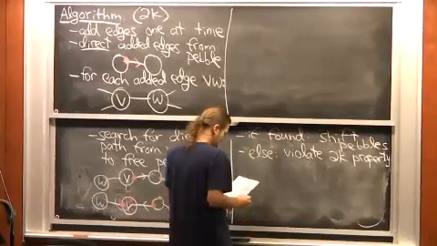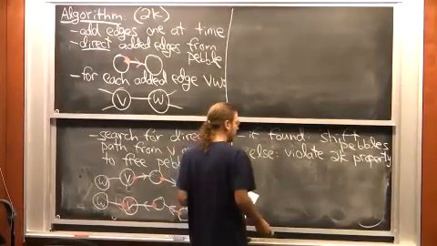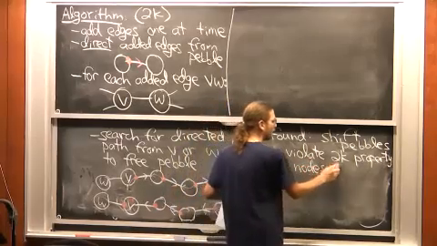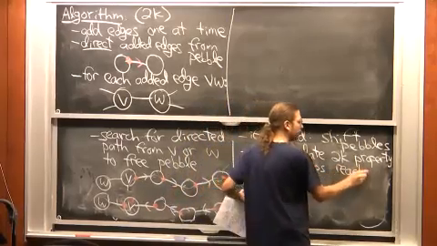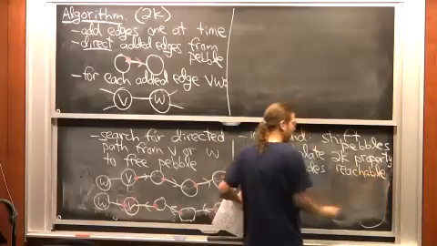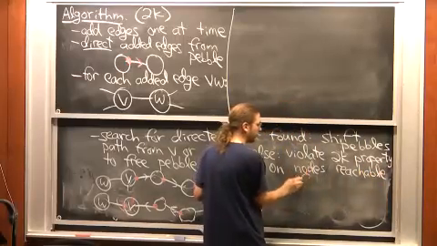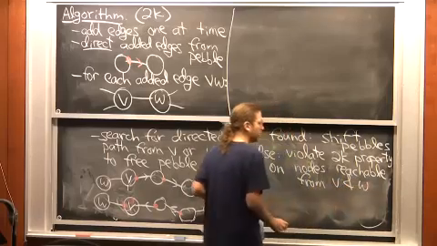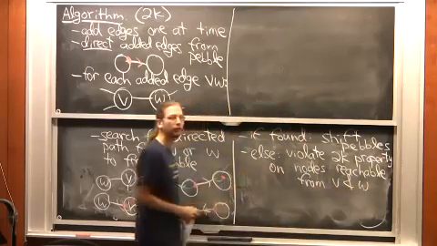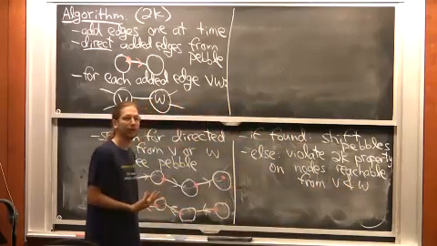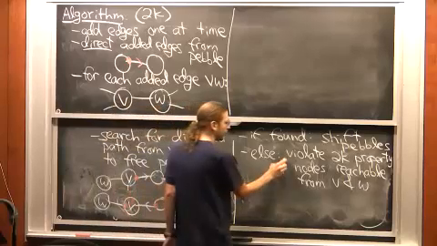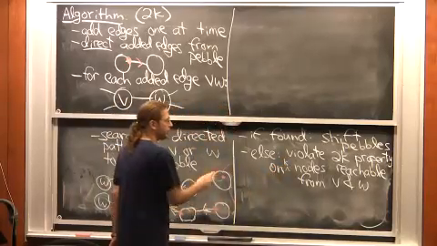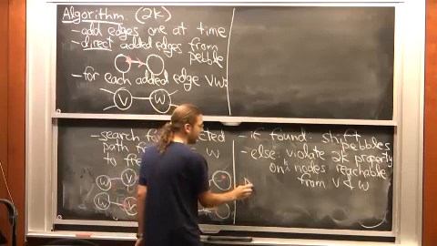Okay. So why is this true? I claim if you look at all the nodes reachable by directed paths from V and W, then that is a set of nodes that induce more than 2K edges. So let's say there are K nodes that you can reach. I claim there will be more than 2K edges among them.